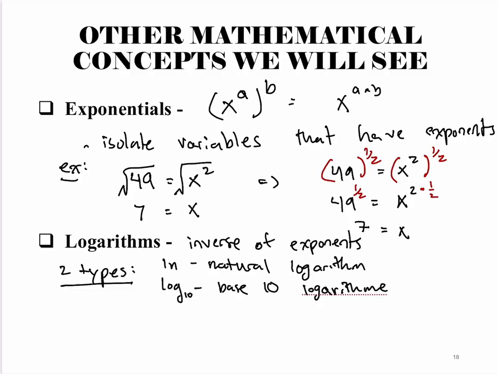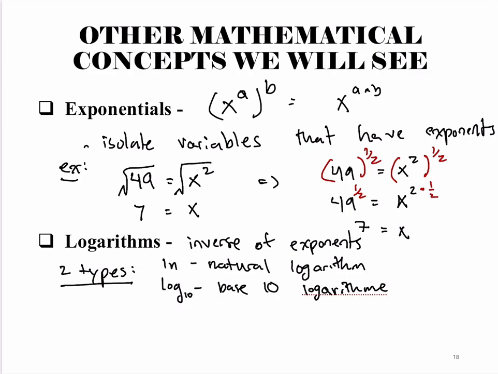So when we take the log base 10 of both sides, we get the log base 10 of 15 is equal to the log base 10 of 2 to the x.